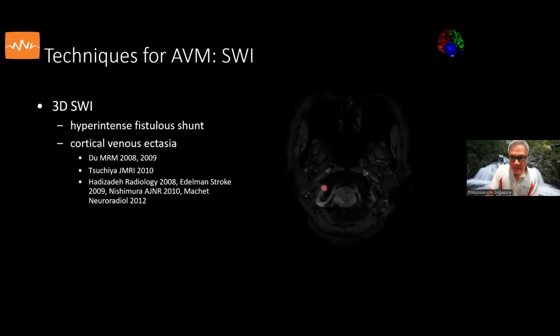Some of the newer techniques for AV malformation include 3D susceptibility weighted imaging, where the hyperintensity can be detected in the shunt.